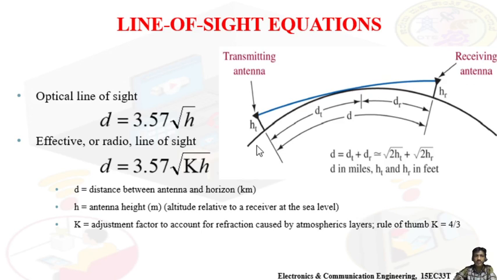The distance between the transmitting antenna and the receiving antenna is d. Each antenna's distance to the horizon can be represented as d1 and d2. The d is the distance between the antenna and the horizon, h is the antenna height, and k is the adjustment factor. It is used to find the distance between the transmitting and receiving antenna.